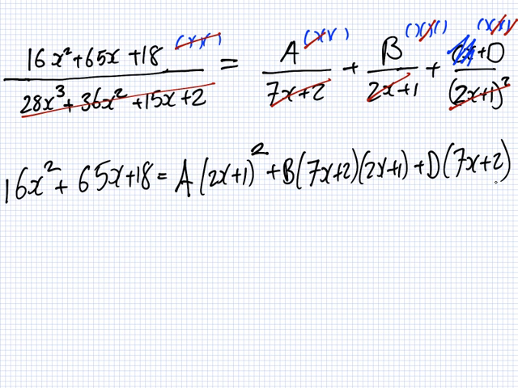Now, what values of x should we choose? Firstly, what would be a good choice for our first x if I wanted to find a? Oh, sorry, the three brackets that I'm multiplying are 7x plus 2, 2x plus 1, and 2x plus 1.